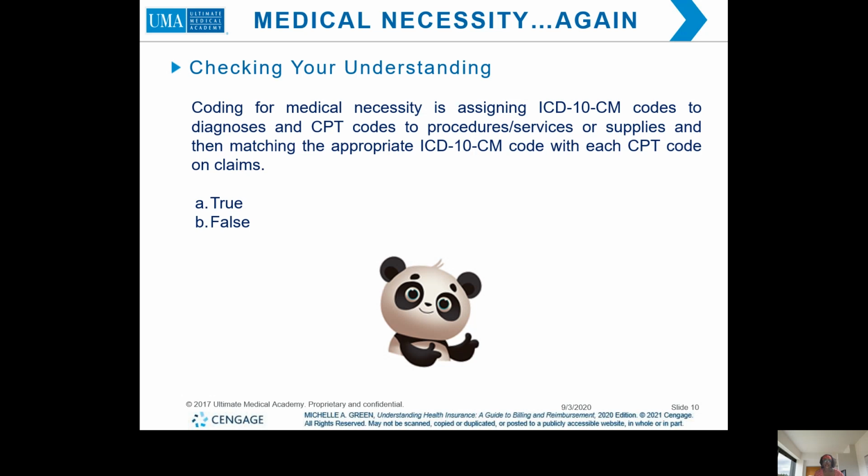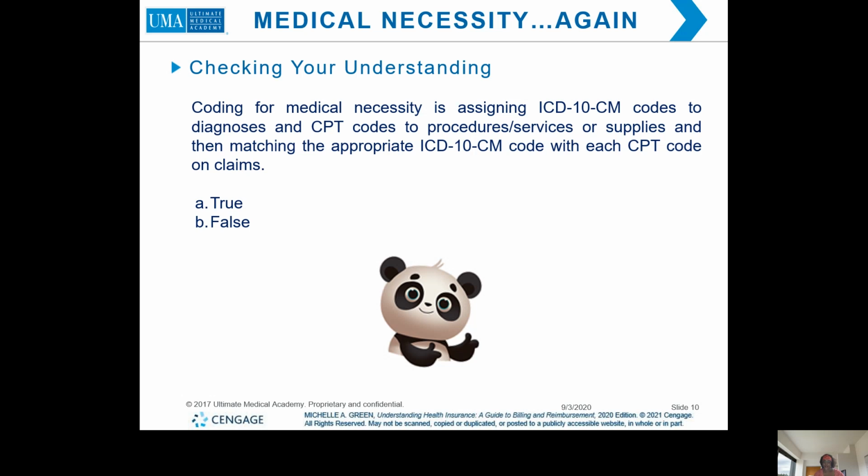So here we are. We're going to check your understanding. We're going back to medical necessities. So this is a true or false. Coding for medical necessity is assigning ICD-10 CM codes to diagnoses and CPT codes to procedures, services, or supplies, and then matching the appropriate ICD-10 code with each CPT code on a claim.